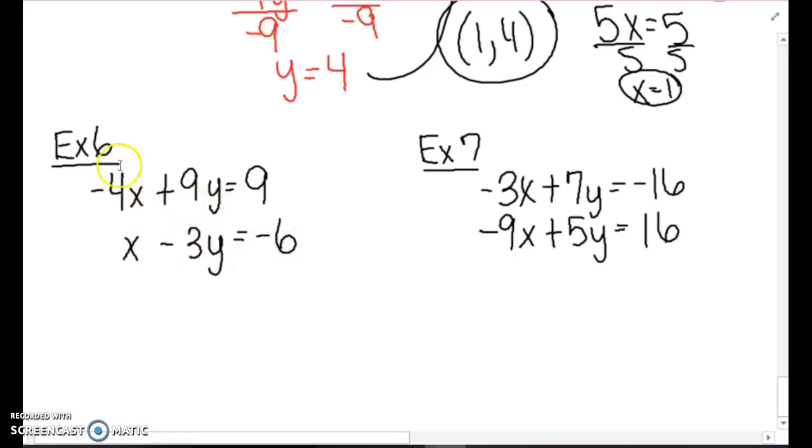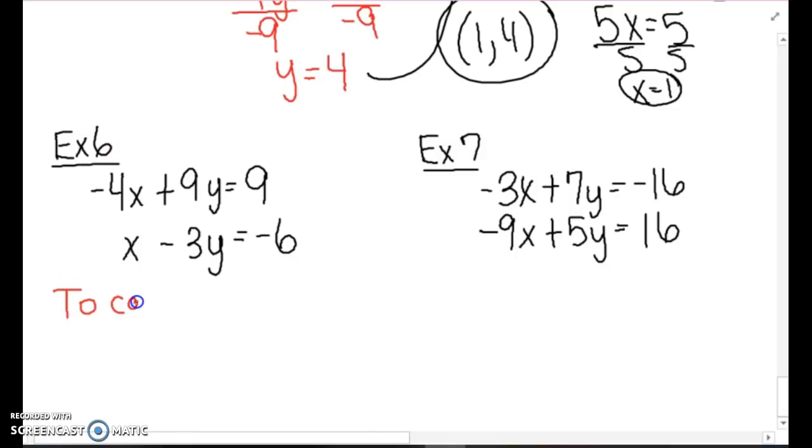We're trying to use elimination because our terms are aligned. And which ones do we want to cancel out? Do we want to cancel out x or do we want to cancel out y? Does it matter? No. So here you can choose to multiply. If you want to cancel out x, what would you multiply?